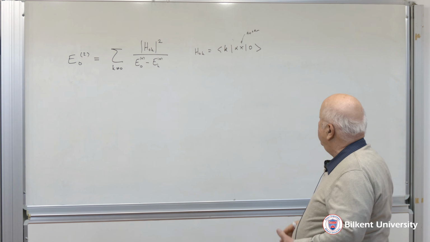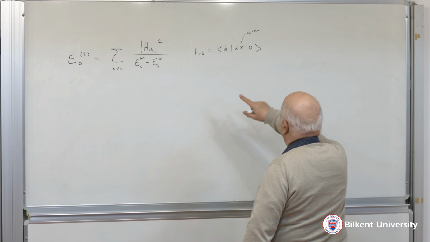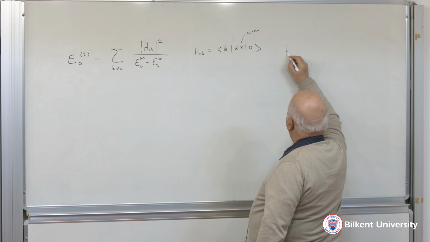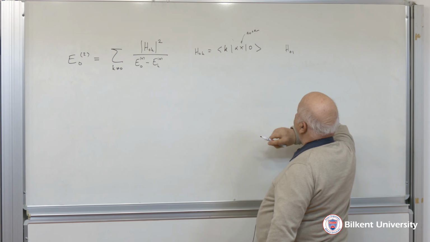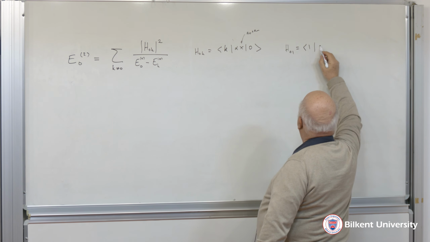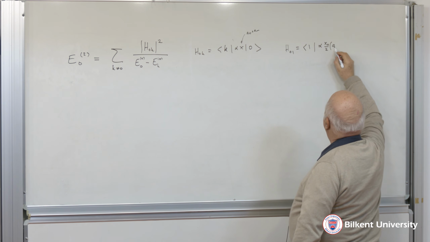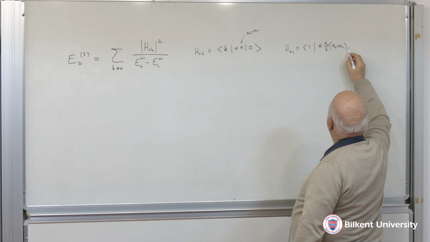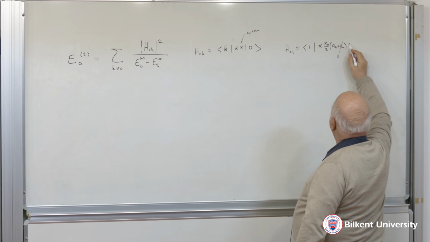So the only term that is going to be finite here is h01, which is going to be 1, alpha x0 over 2, a plus plus a minus. But this a minus is going to give me 0.